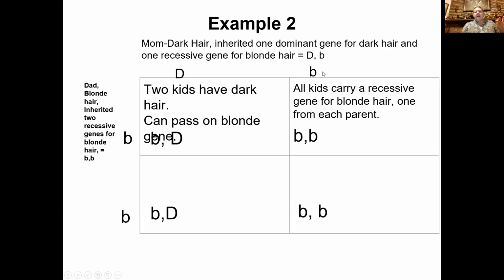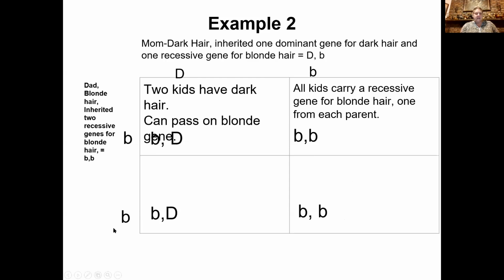Now here, if mom happens to give the one gene she offers, and the dad's gene, we can see here that this kid inherited the gene for blonde hair from mom, and of course the blonde hair gene from dad. So this kid is blonde.